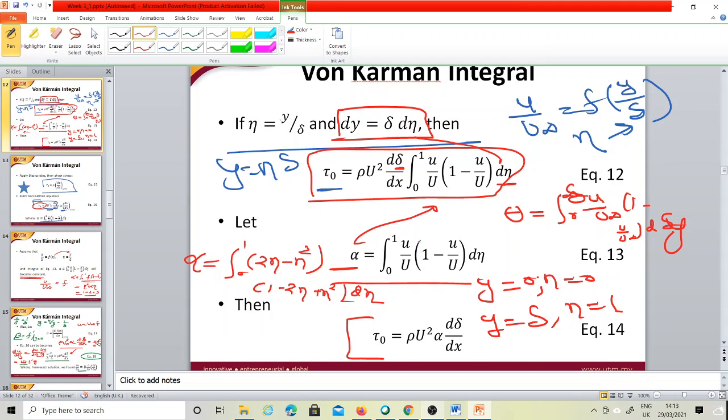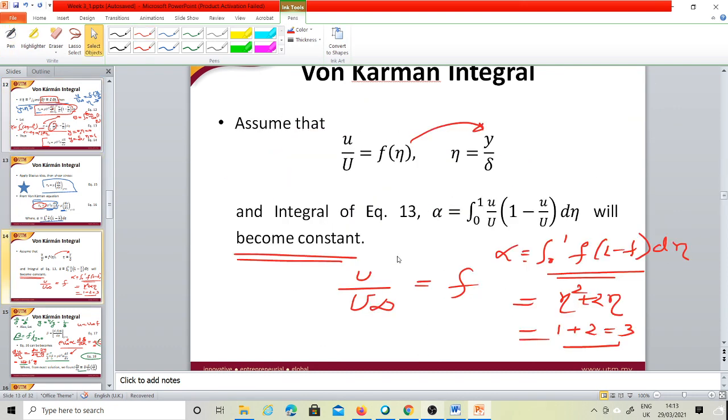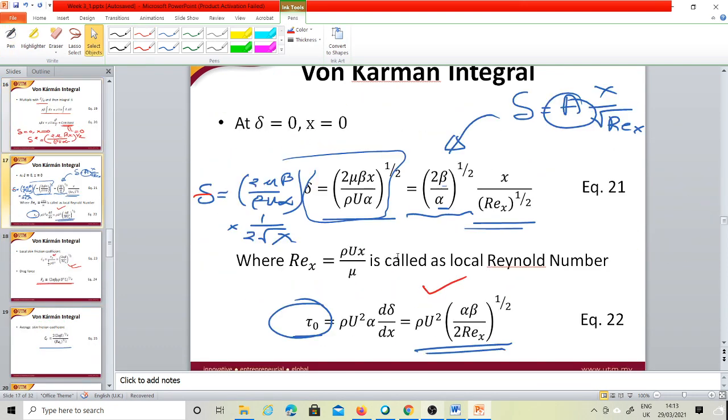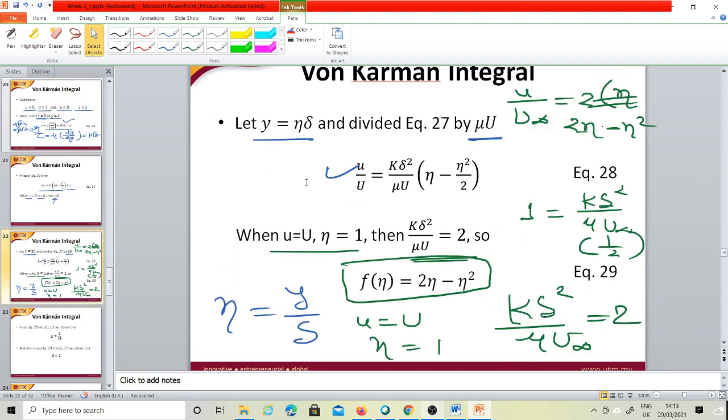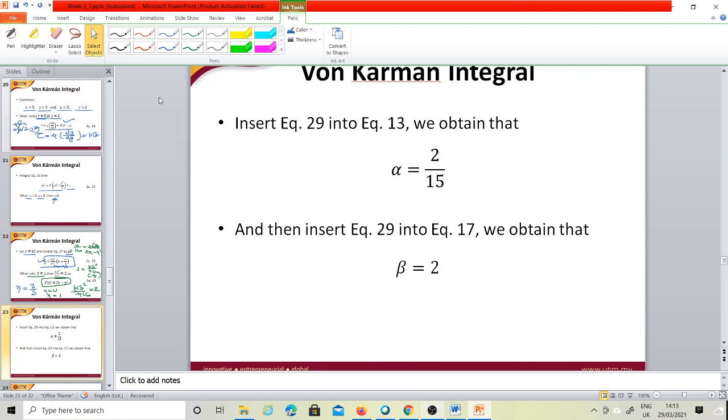Because now you already know the expression for u by capital U in terms of eta, if you substitute it and integrate, you will get the alpha value, which is 2 by 15.